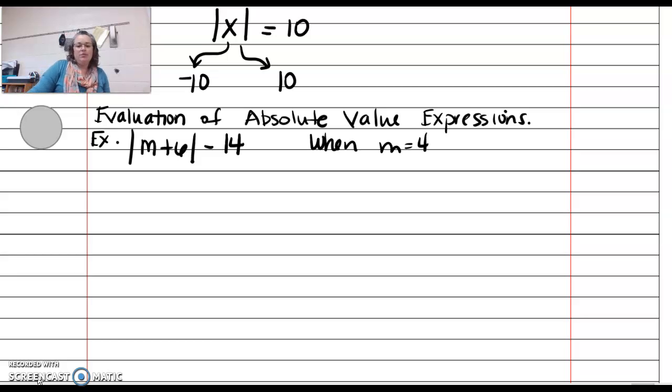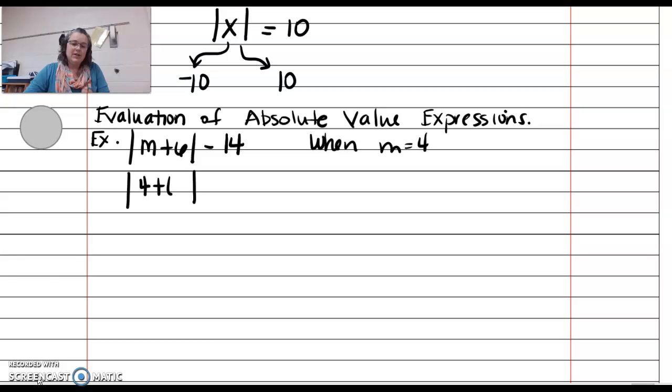So it's just like what we did before where we have to evaluate this expression when m is 4, but now we have some absolute value that we have to deal with. And we can think about them as like grouping symbols. So we'll want to do whatever inside the absolute value sign first, and then get rid of the rest of the stuff. So our next step will be to substitute the 4 for the m.